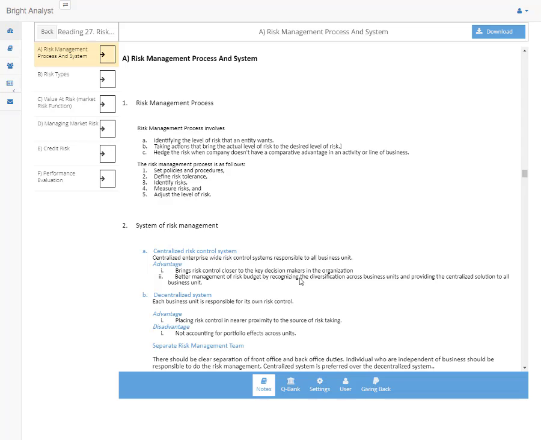When we studied corporate governance, we talked about how risk management should be an independent unit, and the people involved in the risk management unit should be independent from the people who are actually taking the risk.